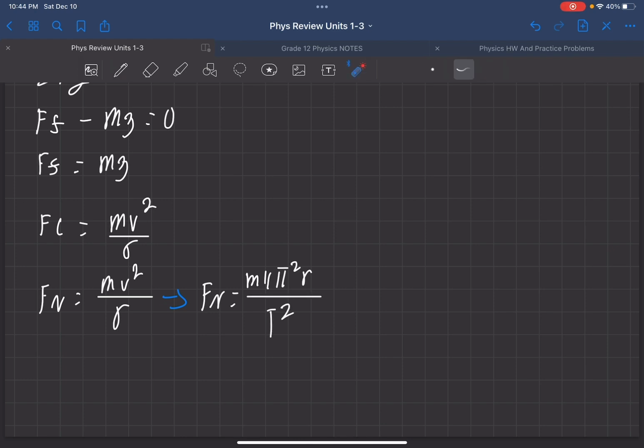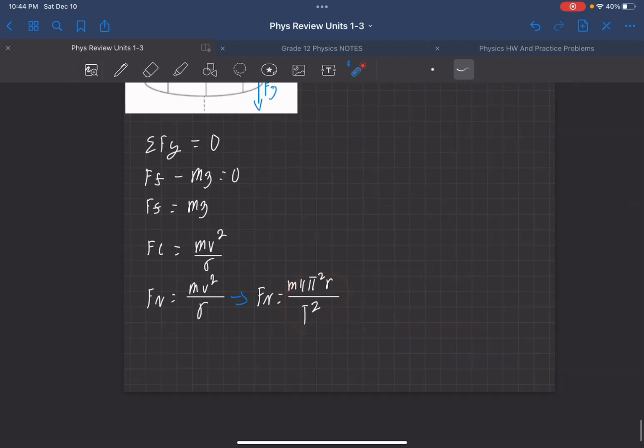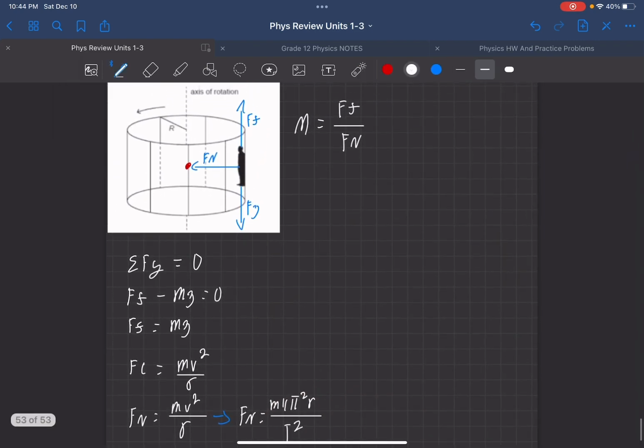This is the expanded version for the centripetal force. So now we can just plug them back into our mu expression. So mu, the coefficient of friction, equals mg over m 4 pi squared r all over T squared.